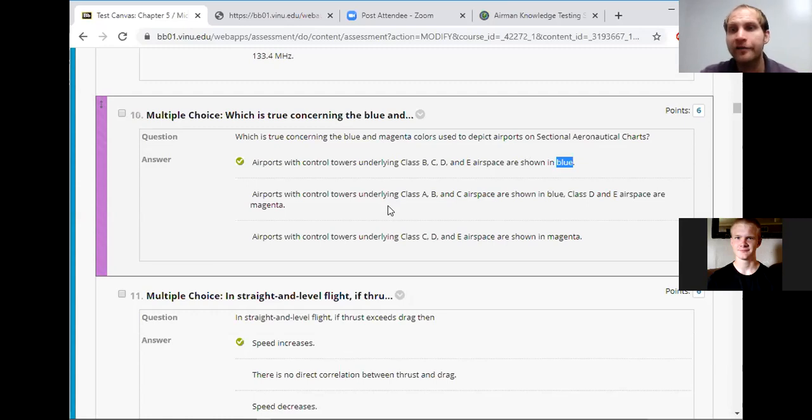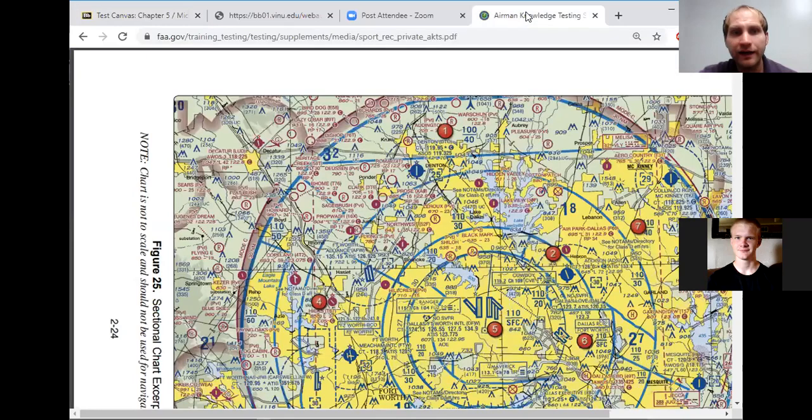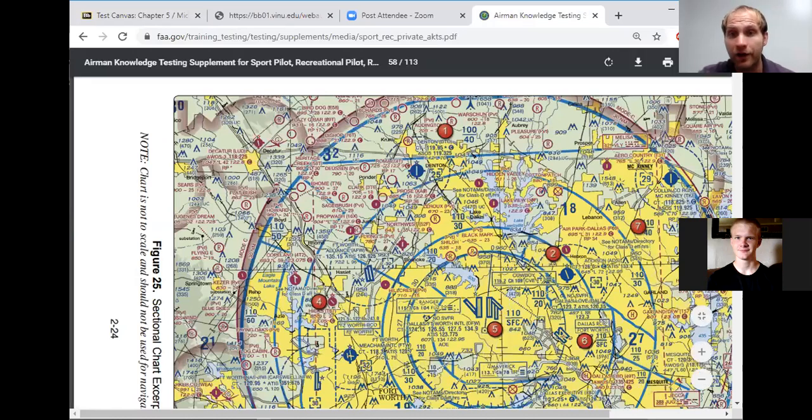So this is an exercise of studying the legend. This information is actually already posted on the chart legend. And I want to show you something about this. When you take the written exam, it'll tell you to reference a figure, but the written exam will not tell you to reference a legend.